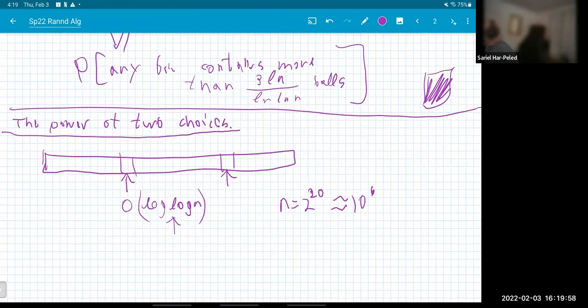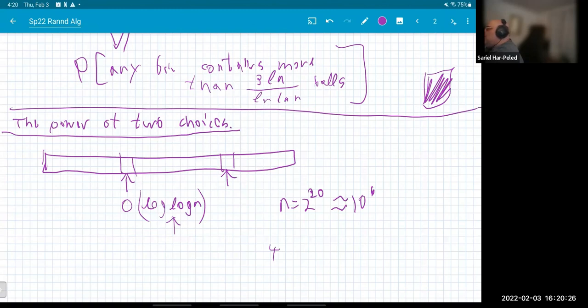So you get log n over log log n, but still it's fine. It's going to be maybe 7, right? On the other hand, log log n is going to be something like 4, right? So it really creates a big difference, and if you do a simulation, you get it. It's a real phenomenon.